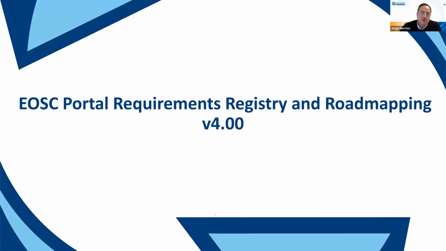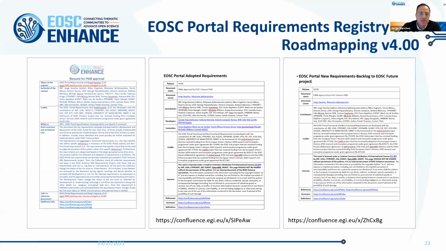Extremely significant also for the EOSC, as I mentioned in the introduction, is the gathering of all the requirements in a registry that can lead us to a road mapping also based on the requirements received by the ecosystem. We have now a full list of EOSC Portal adopted requirements, but also we are providing to EOSC Future a full list of the requirements that have been received.